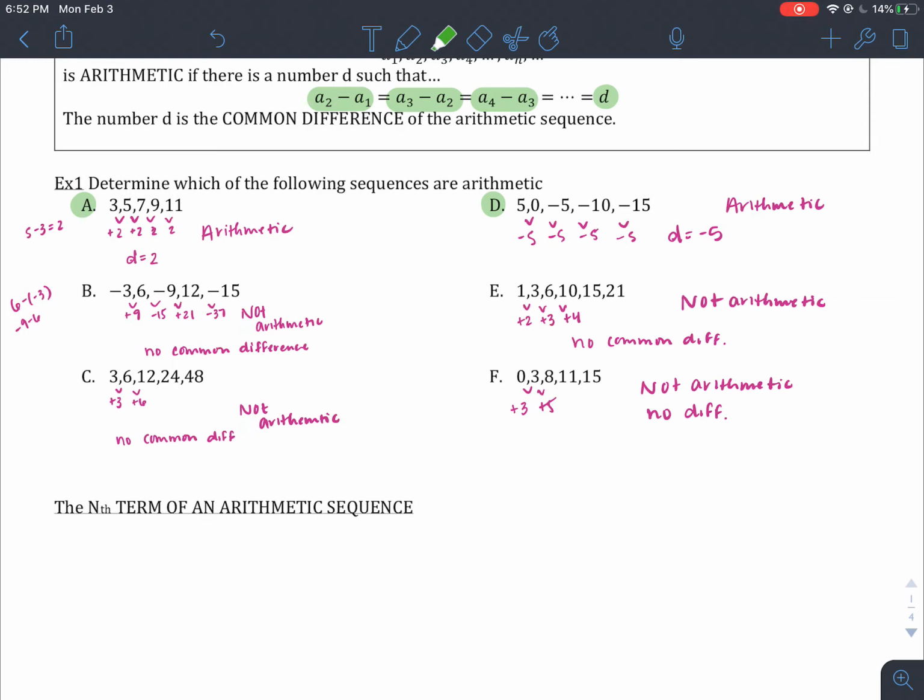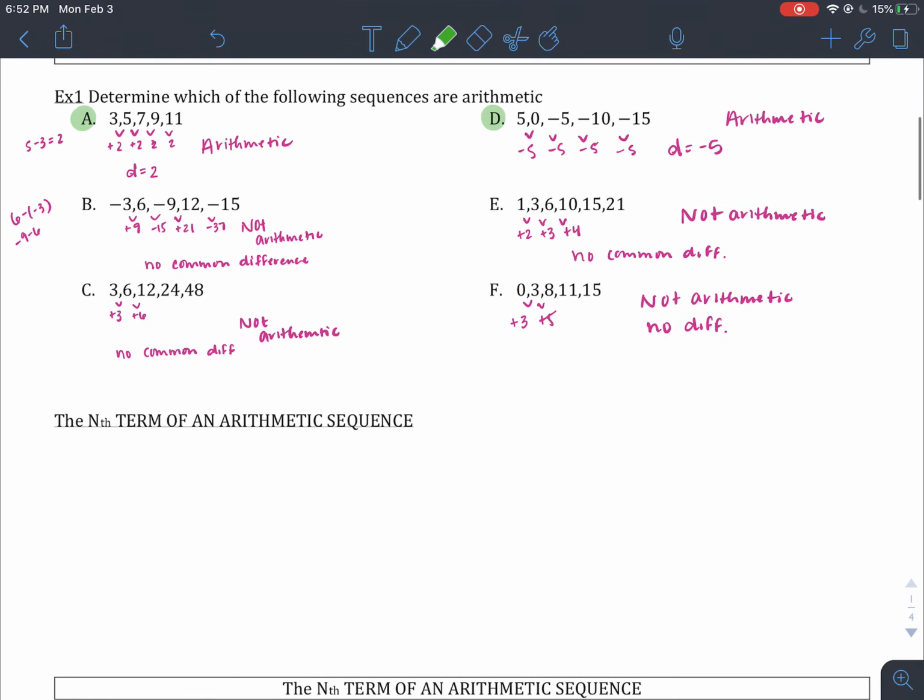Now, arithmetic sequences are sequences, so they do have an a sub n rule or a way to write the a sub n term, and there is actually a formula for the nth term of an arithmetic sequence. But this isn't a formula that we just get to use.